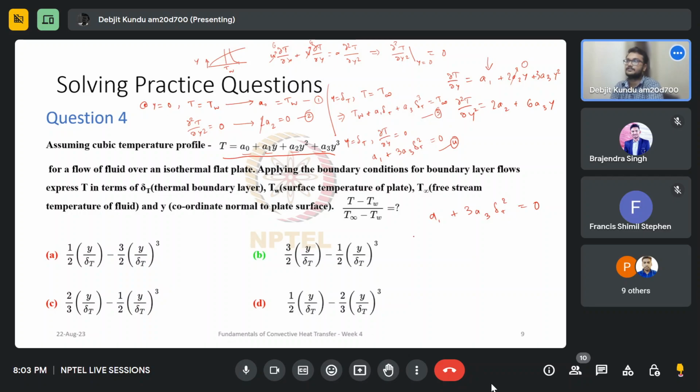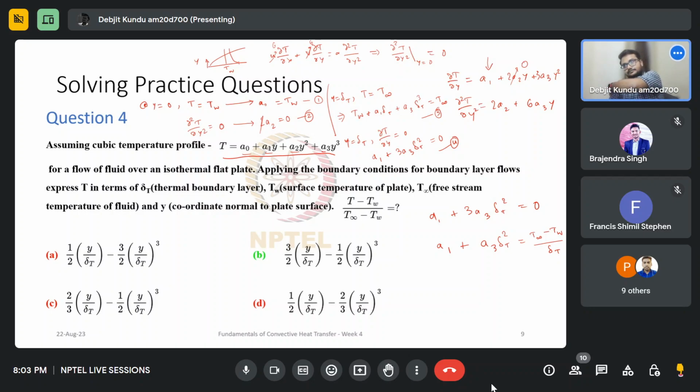And equation 3 I'm writing a bit differently. I'll divide the entire thing by delta t. So A1 plus A3 delta t squared, and on this side I have (T infinity minus TW) divided by delta t.